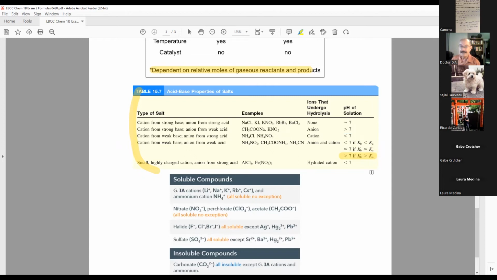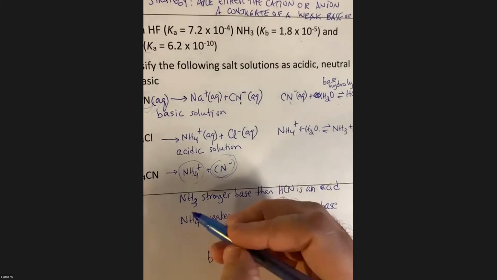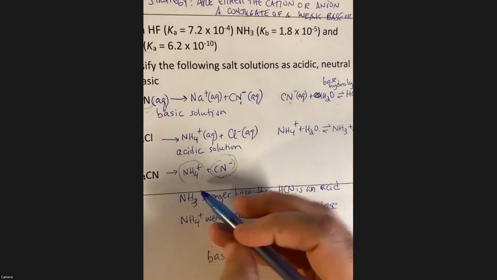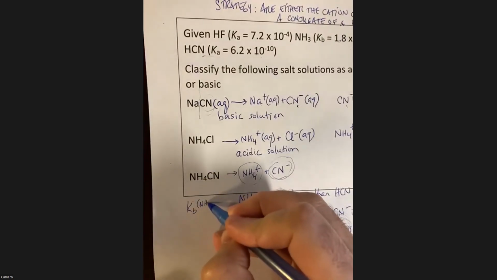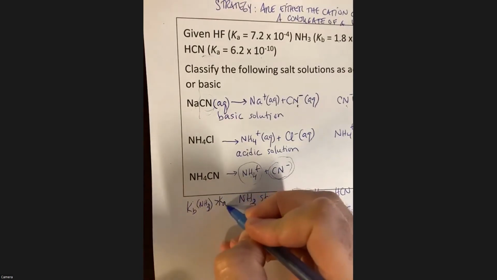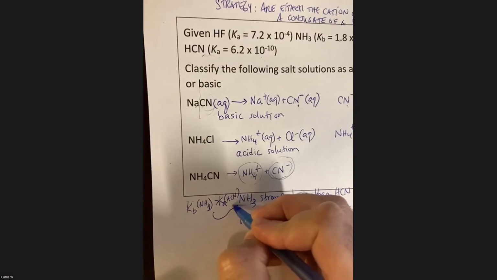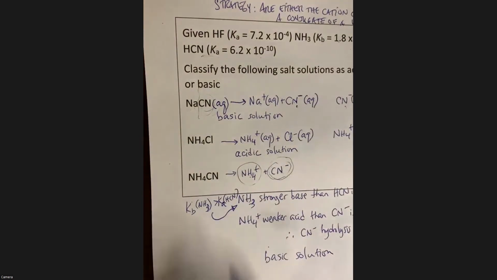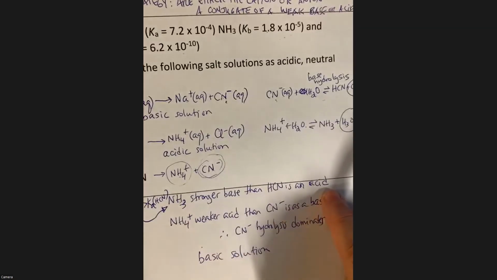And what I did was explain to you why. The reason was, since the Kb of ammonia is larger than the Ka of HCN, that means that ammonia is a stronger base than HCN is an acid.